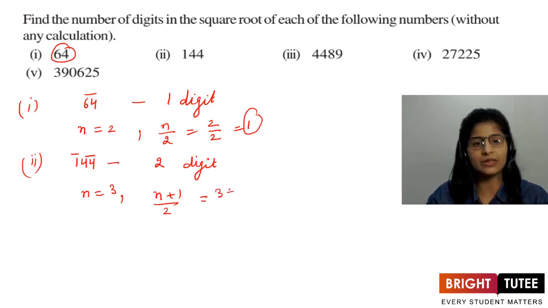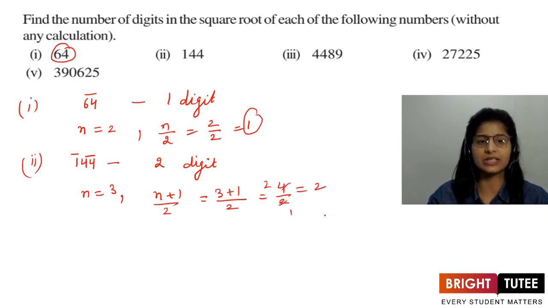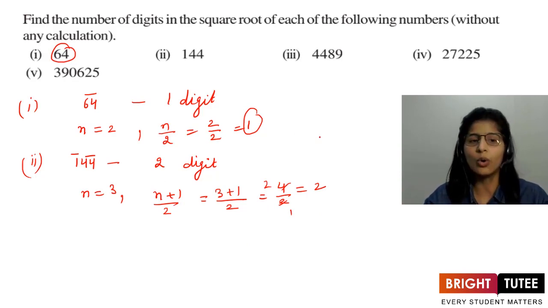So 3 plus 1 divided by 2, that gives us 4 divided by 2, that is 2 only. Right? So there are 2 digits in the square root of 144. We can apply this to all the other parts. Any one thing you can apply: the number of bars, or you can use the formula of even and odd.